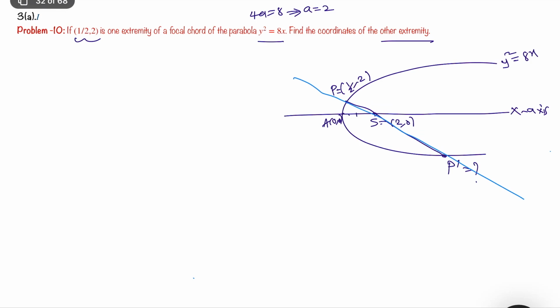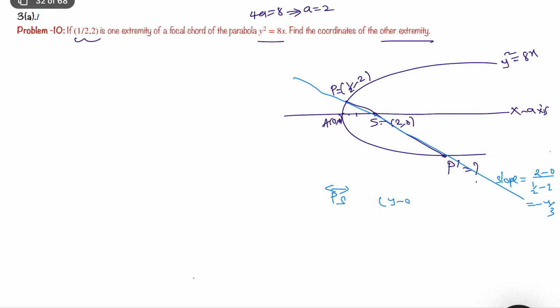which is a line passing through P and S, whose slope will be what? Actually 2 minus 0 by 1 by 2 minus 2, which is going to be minus 4 by 3. So the PS equation will be the line passing through 2 comma 0.